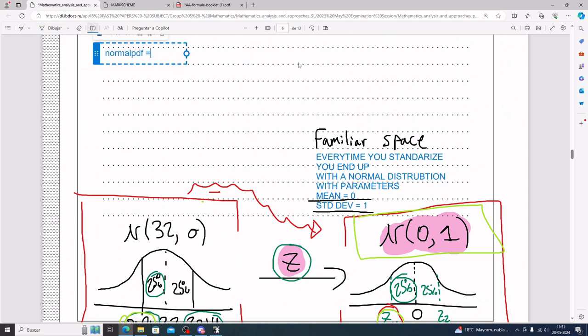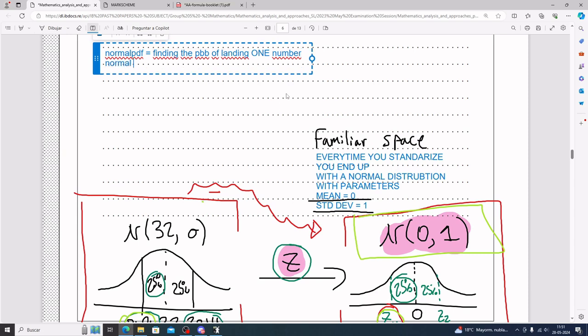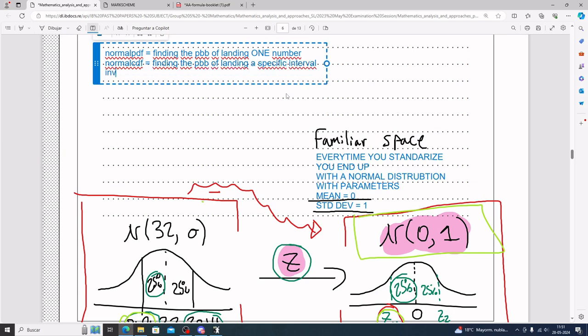Normal PDF is basically for finding the probability of landing one number, see? You put in the X value of one number and it's like, what's the probability of getting just this guy? Normal CDF is finding the probability of landing in a specific interval. And inverse normal is basically finding the X value given a probability, okay?